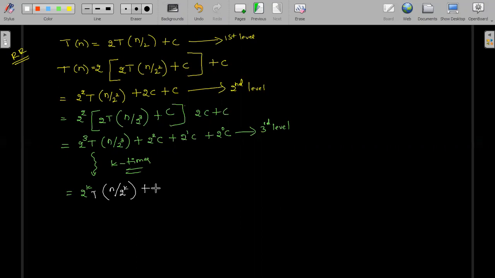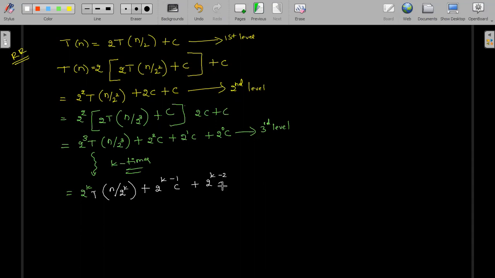Because we are applying k times, that is the reason why the recursion will happen k times. So that is the reason why now 2 power k minus 1 into c plus 2 power k minus 2 into c.